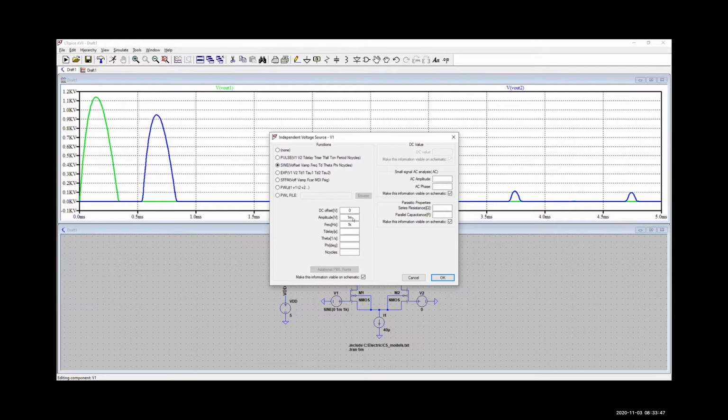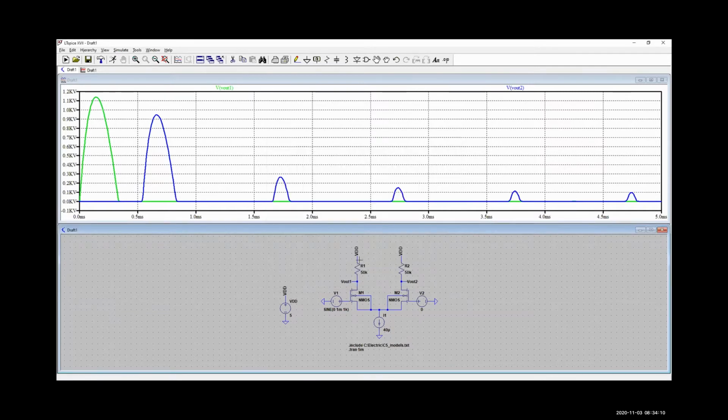So what I'm expecting to see is that I should be getting a sinusoid at my output. Why is this behaving poorly? Got Vout1 and Vout2 measured. Why am I just getting a voltage pulse of 1.1 kilovolts at my output? That doesn't make any sense.